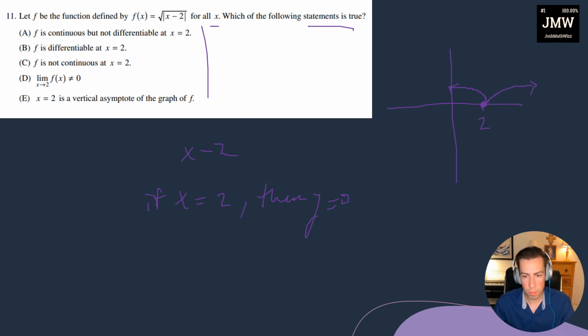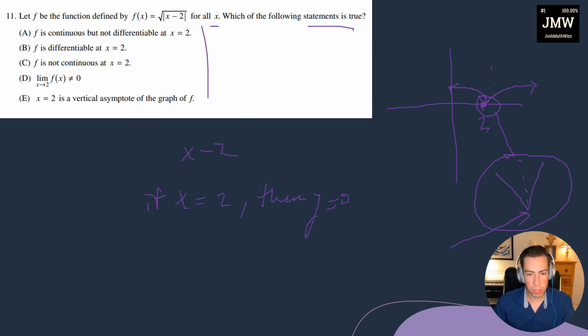Now, if I zoom in on this point right here, if I zoom in super close, it is going to be incredibly sharp right here, because it's just a straight reflection, right? And if it's a straight reflection, then it has to be perfect, and that's going to give us a sharp point at the end.